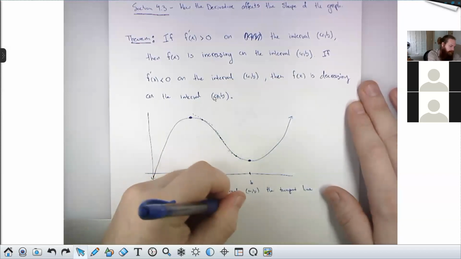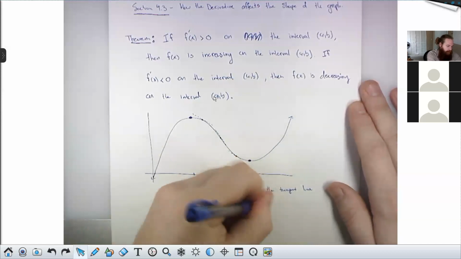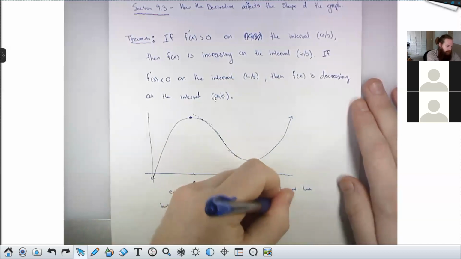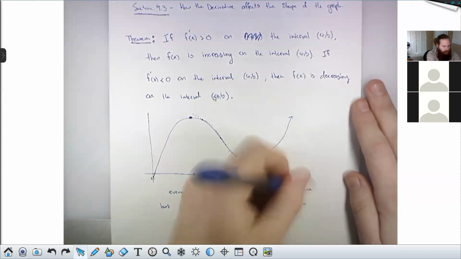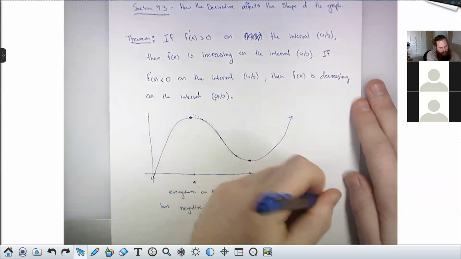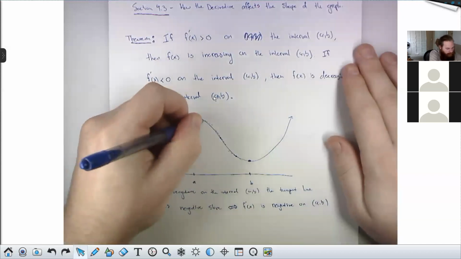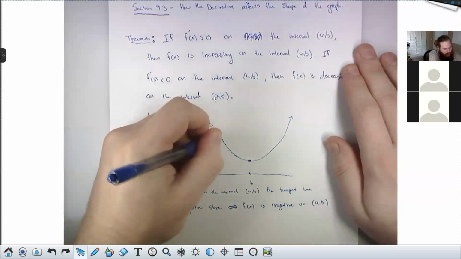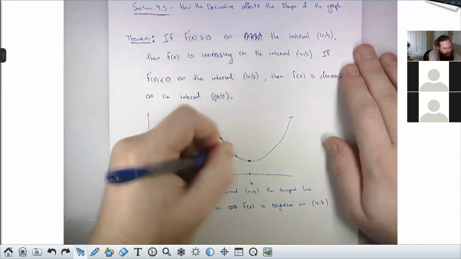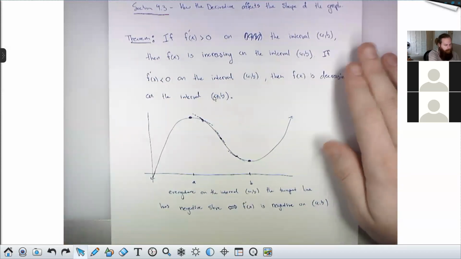And that's the same as saying f prime of x is negative on the interval (a, b). And you notice that everywhere the tangent line is negatively sloped, the function is decreasing.